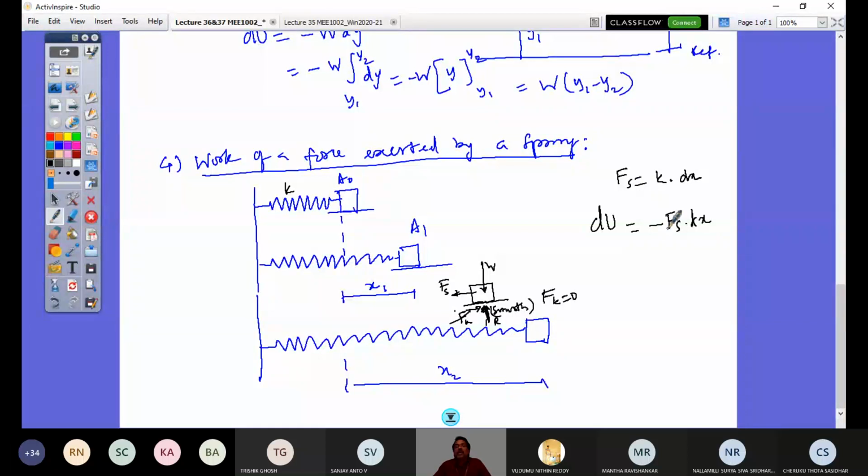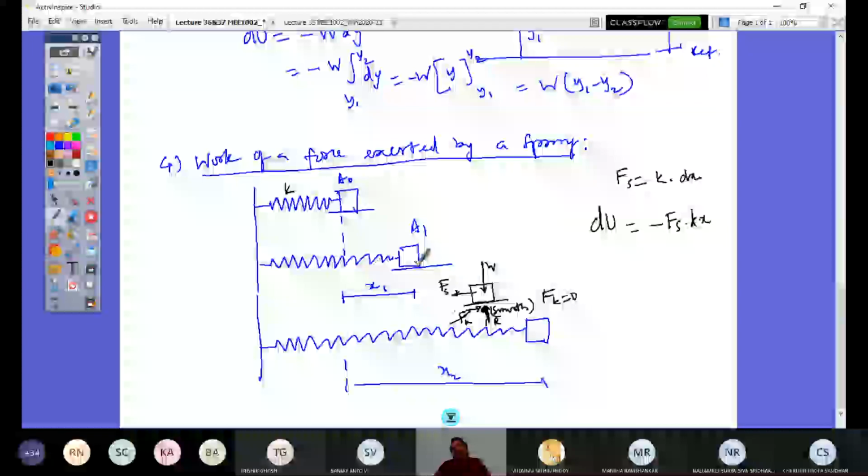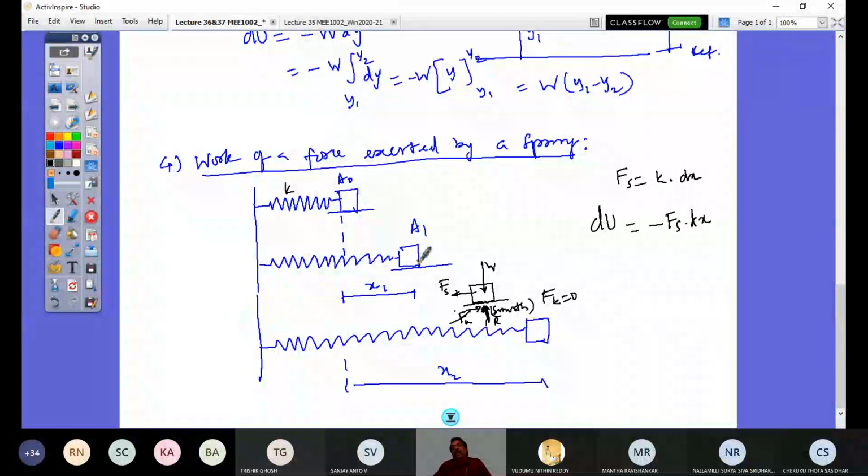The minus sign is there because the direction of the force is always to bring this block to the equilibrium neutral position, whereas the block is displaced from the initial position to x1 and further to x2. So if our observation is from x1 to x2, there is a deformation already present at x1, and from that position x1 to x2 this is displaced, but the free body diagram is an intermediate state of your block.